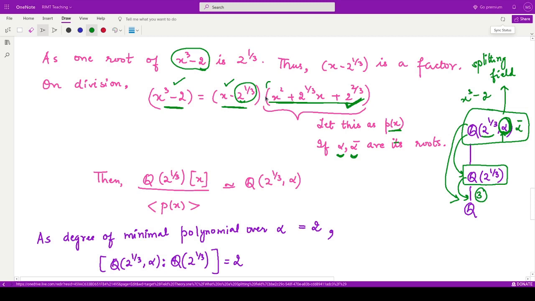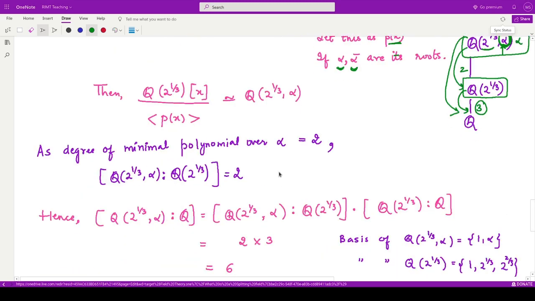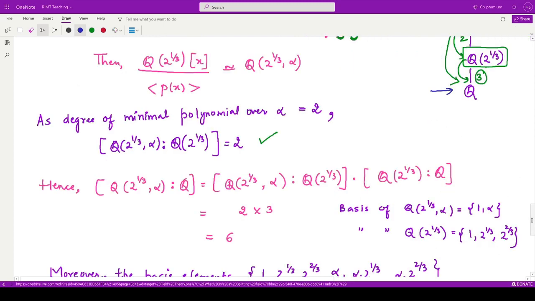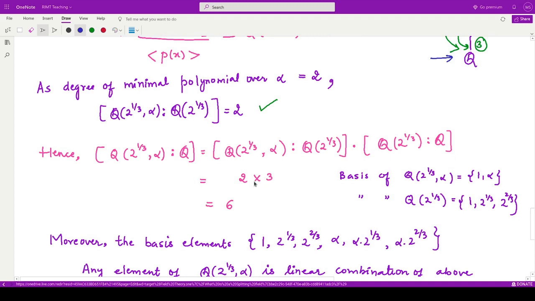This is the polynomial we are talking about. Its degree is 2, which means the degree of this field over this field is 2. So the degree of this extension field is the multiplication of these two: 2 multiplied by 3, that is 6.